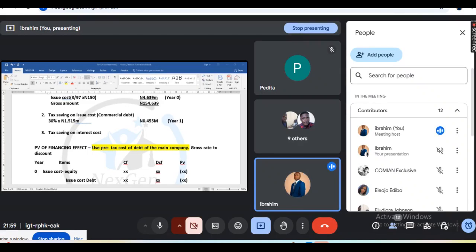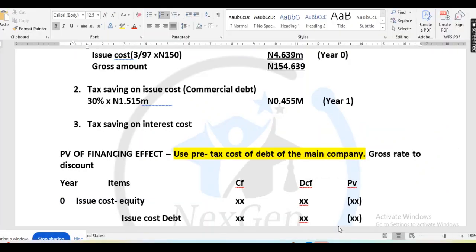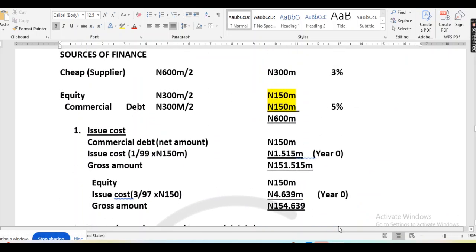Now, that is why I said adjusted present value is very simple. Just understand these steps, and that is the method you will use to solve any question in adjusted present value. Now, tax savings on interest cost. Don't forget that you will pay interest on 2 loans.